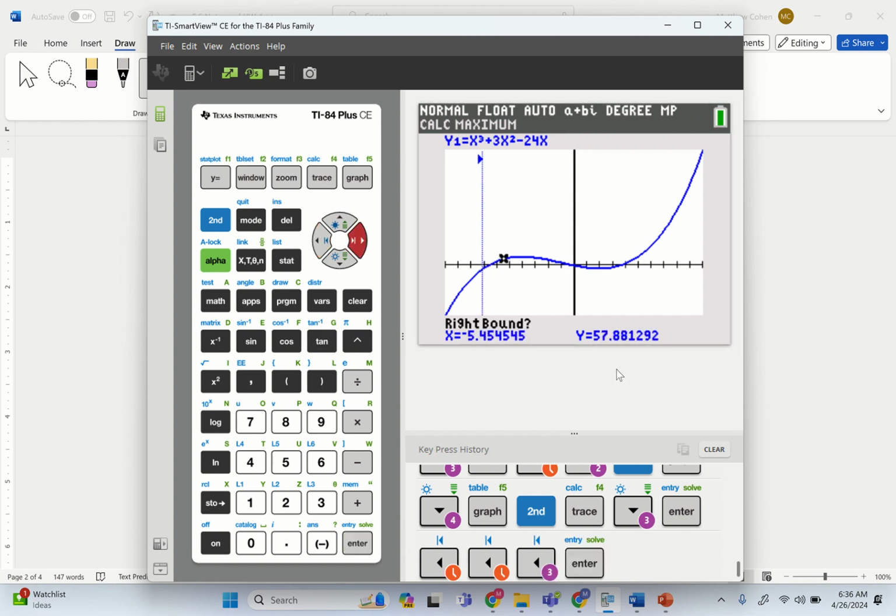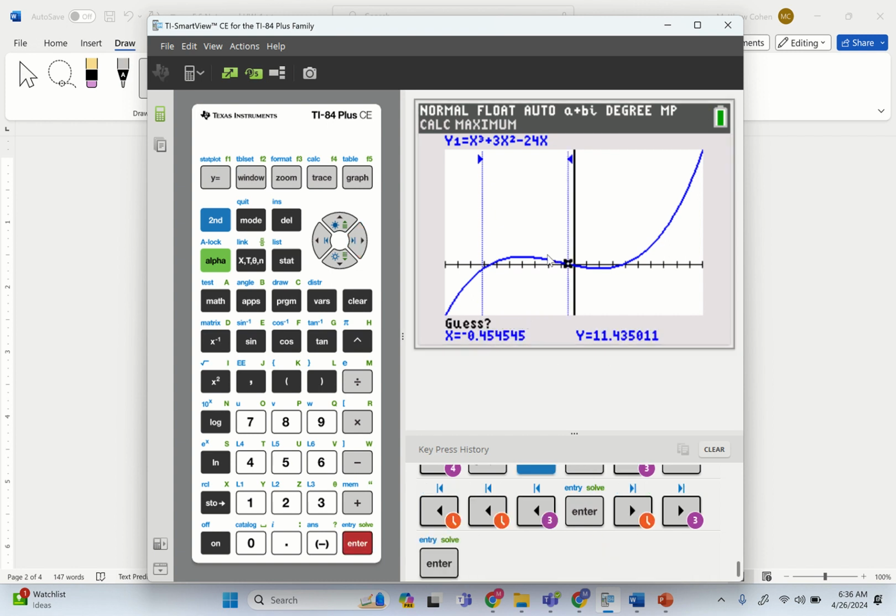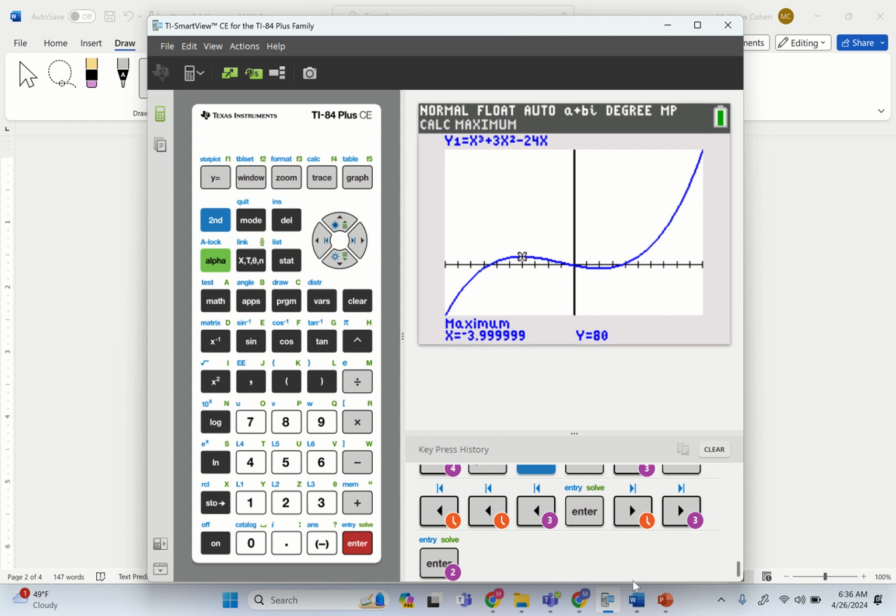And then I want to go to the right of it. Now it's going to tell me what is the highest y value between these two boundaries. So when I hit enter, it'll go to that maximum, and it tells me it's negative 480.